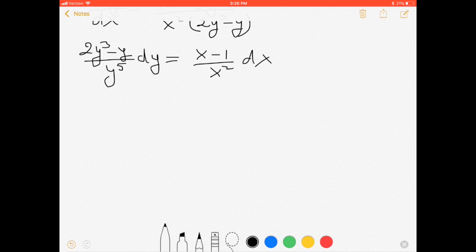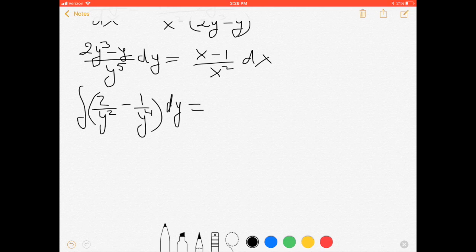Here we simplify a little bit: 2 over y squared minus 1 over y to the fourth dy equals 1 over x minus 1 over x squared dx.